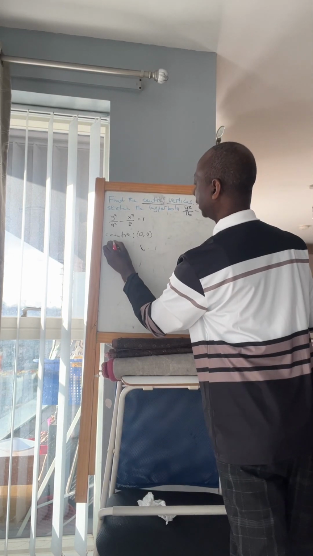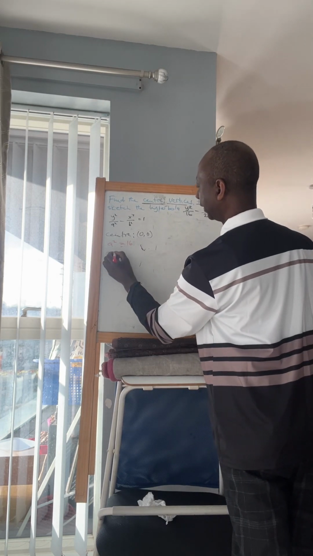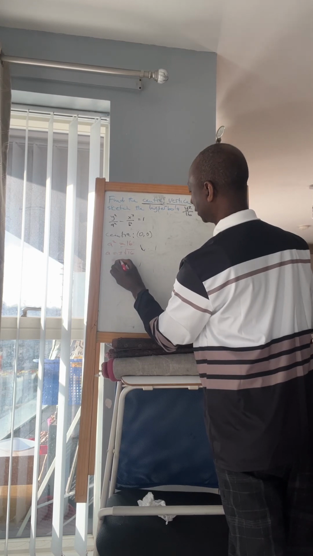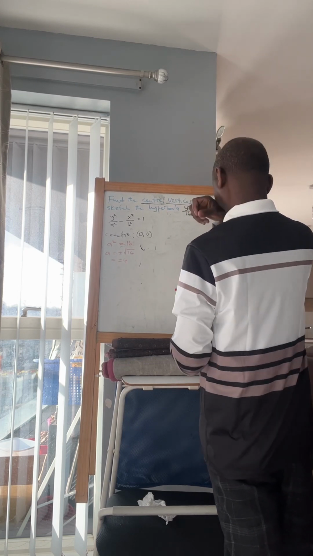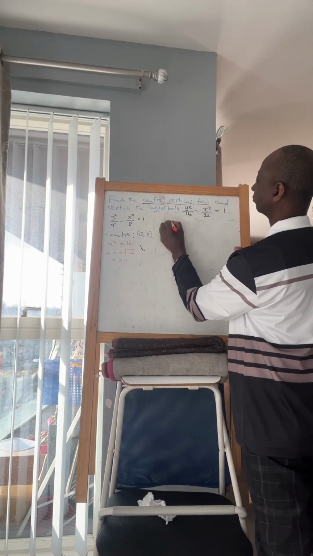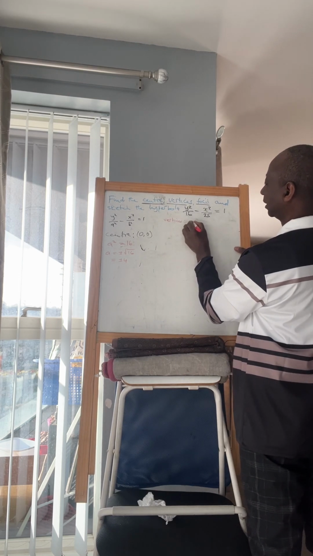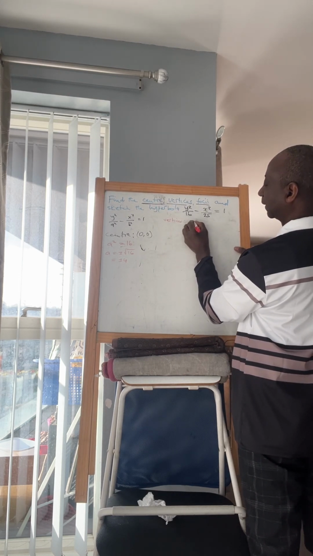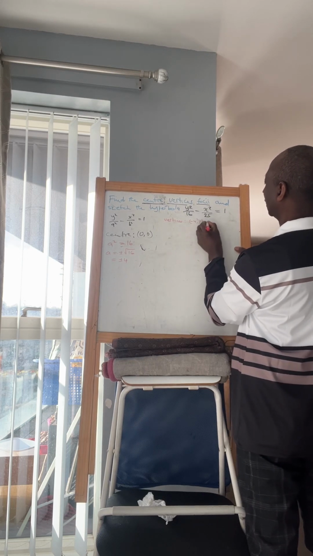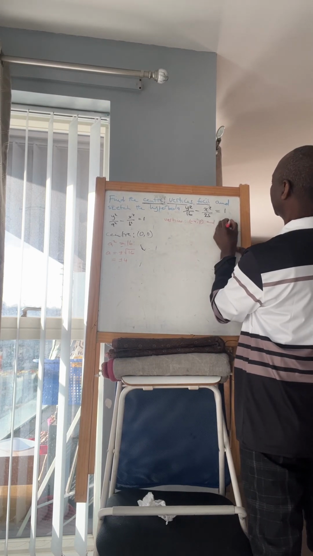So a is plus or minus the square root of 16. A therefore is plus or minus 4. So now you have your vertices at minus 4, 0 and plus 4, 0.